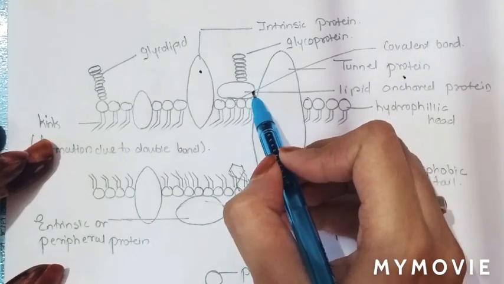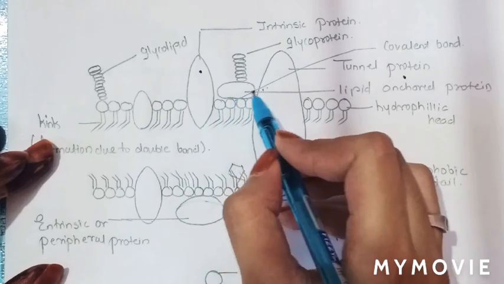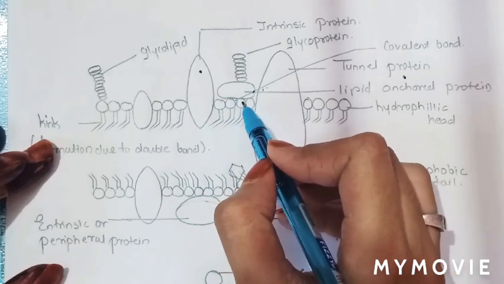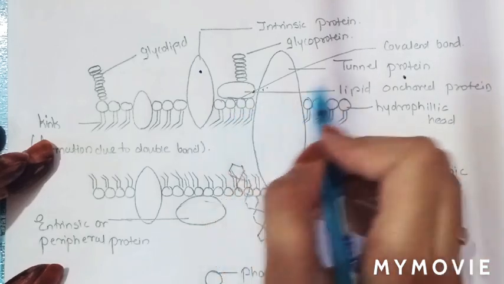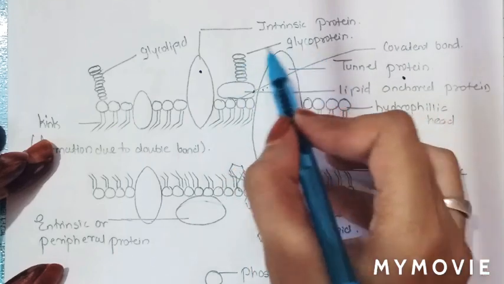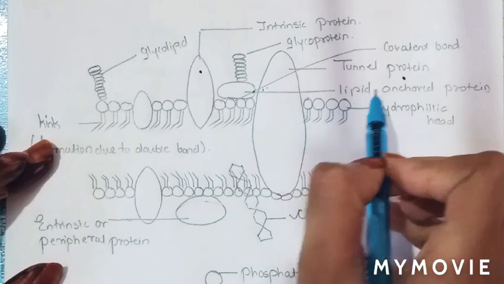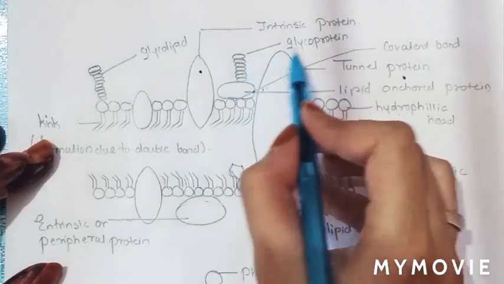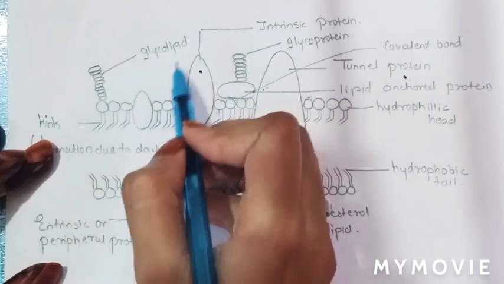Here you can see the lipid anchor protein, which is attached to the hydrophilic head with the help of a covalent bond. This is the glycoprotein. The small rounded structure attached to the lipid anchor protein is known as a glycoprotein. Here you can see the glycolipid.